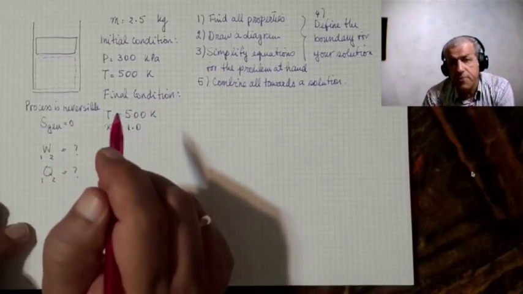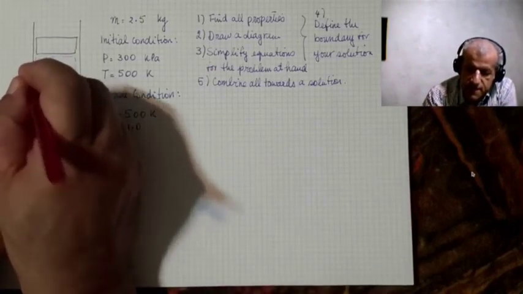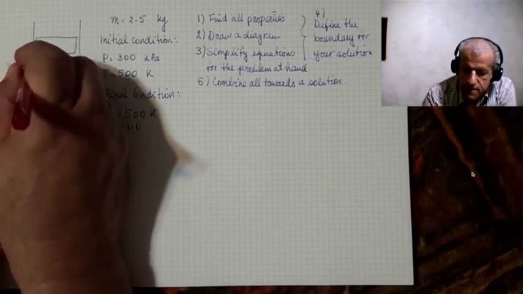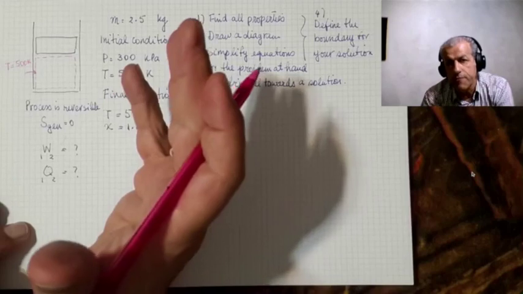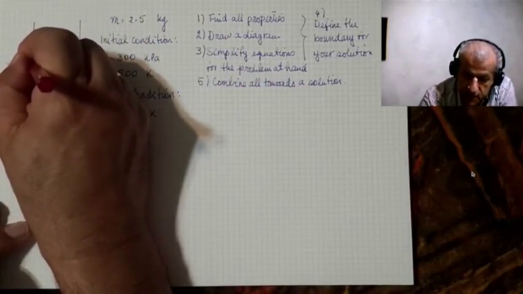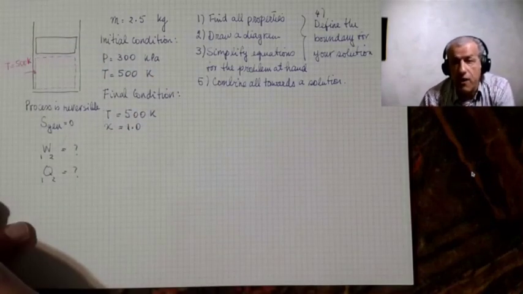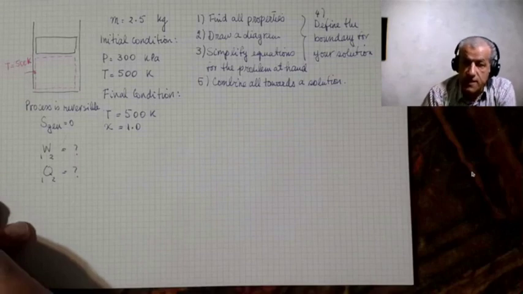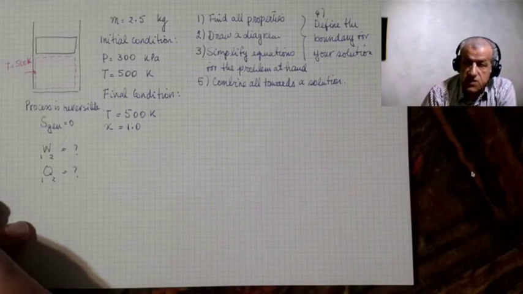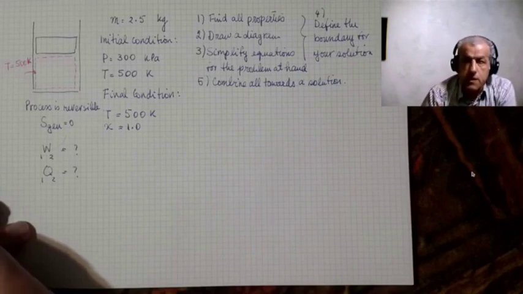And since the problem is isothermal, the temperature of this boundary, T equals 500 kelvins throughout the problem, throughout the solution, in fact, for the time being. So this is 500 kelvins, and this is the temperature of the boundary that we have selected. There's an exchange through this boundary of work and heat transfer.